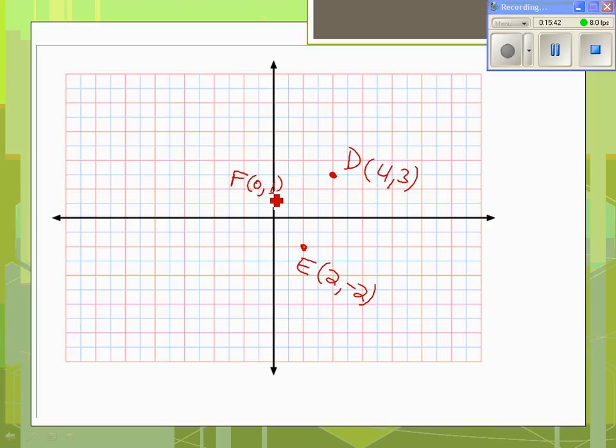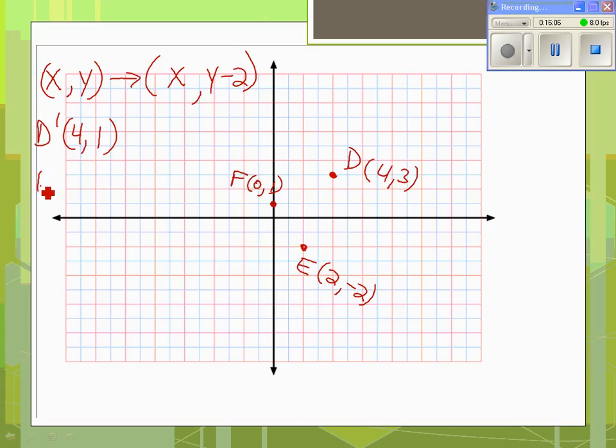Now, the first thing they want us to do to it is to translate it. What was the rule they said to translate it? X stays the same and Y subtracts 2. So, what's our D prime gonna be? X stays the same, so (4, 1). E prime.